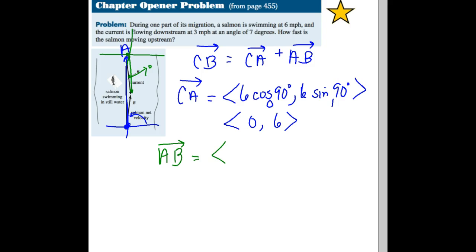If this is our origin, how did we really go? 83 degrees in a negative direction? Okay, so this would be 3 cosine of negative 83 degrees and 3 sine of negative 83 degrees. Does that make sense?